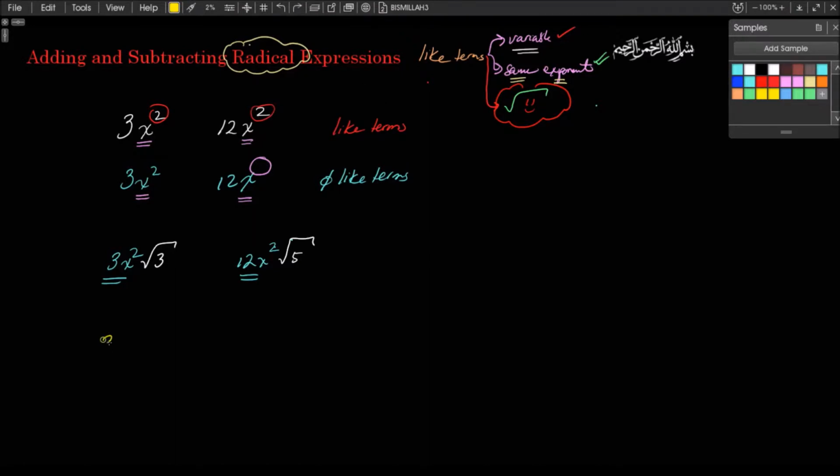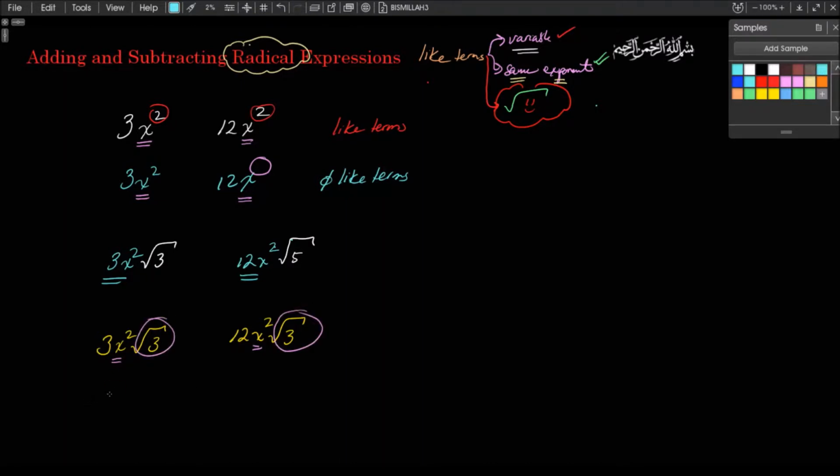Now, if you had 3x squared times the square root of 3, and 12x squared times the square root of 3, these would be like terms, because you have the same variable to the same exponent, and in addition, the radical is the same.